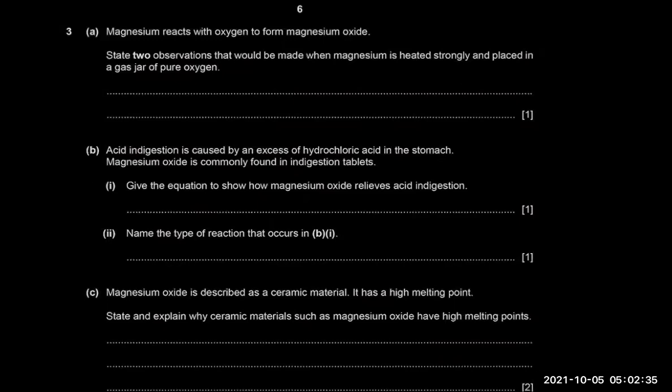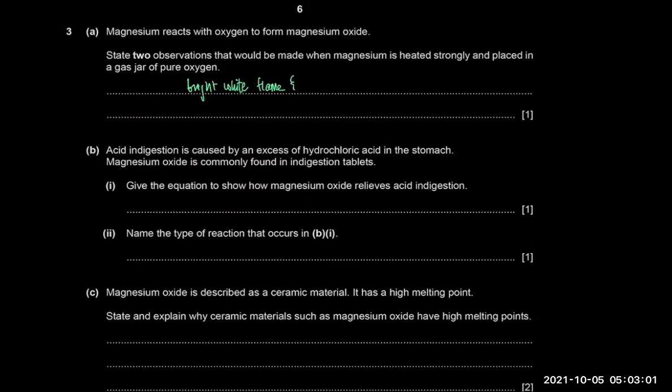Magnesium reacts with oxygen to produce magnesium oxide. State 2 observations that will be made when magnesium is heated strongly and placed in a gas jar of pure oxygen. White flame, right? Bright white flame. And what would happen to the metal?